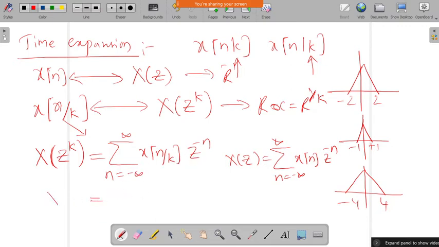So x of z power k we will get as the summation n equal to minus infinity to plus infinity of x of another variable, like x of l, if you put l equal to n by k.